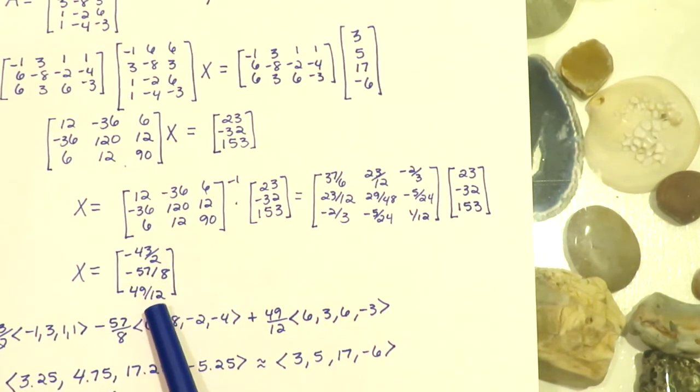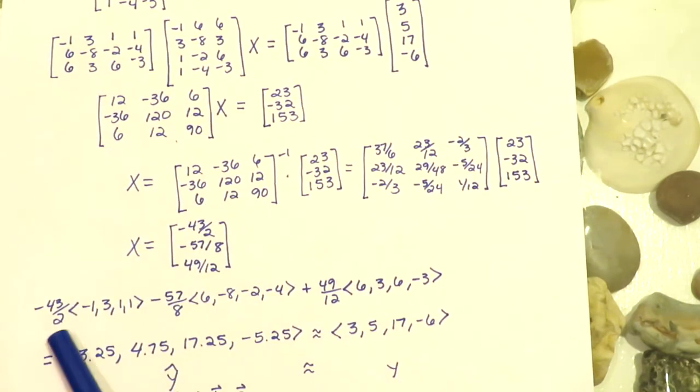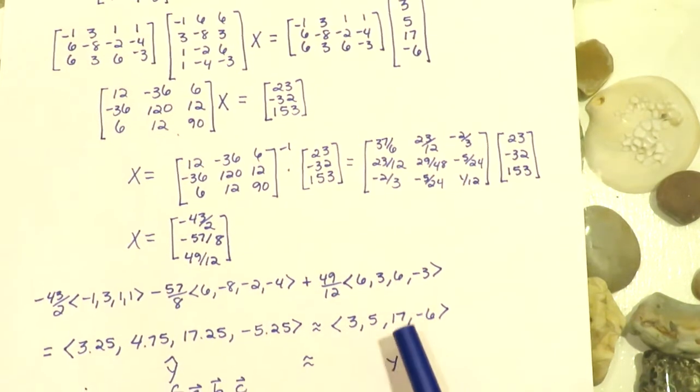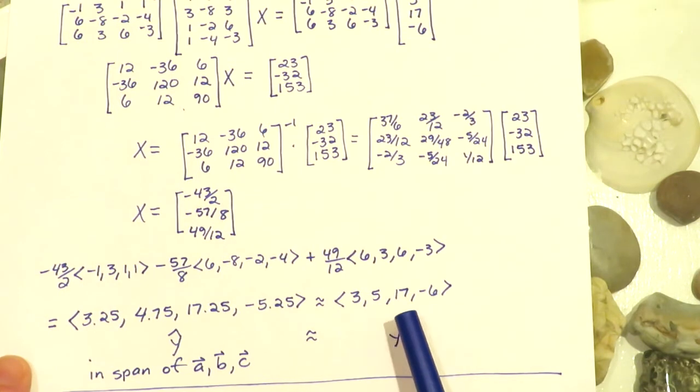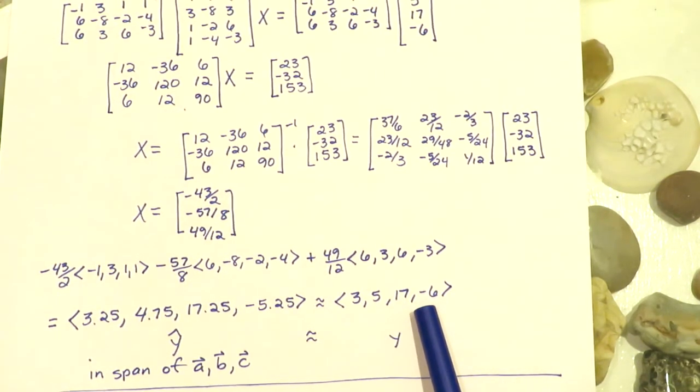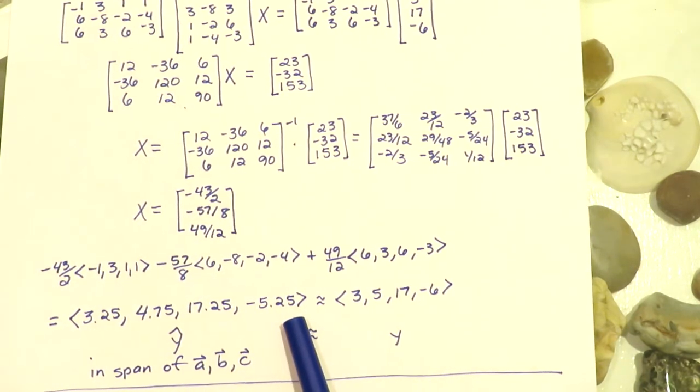And again, these are the scalars that would form a linear combination of the original vectors, and we're trying to get a linear combination to equal the original y, but y doesn't fall in the span, and so what we get instead is a best approximation to y.